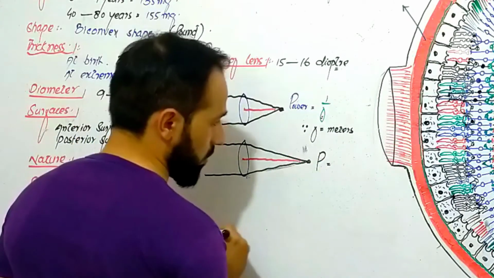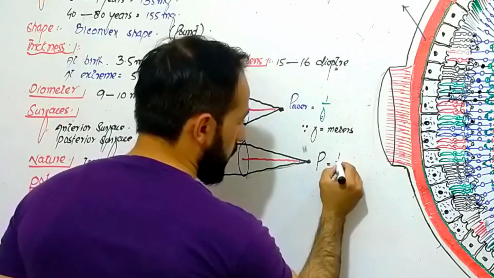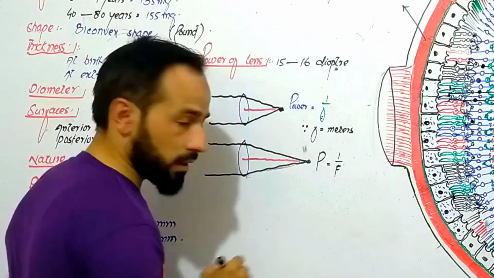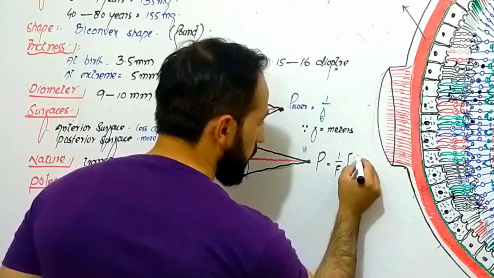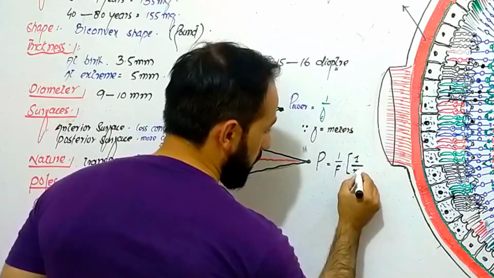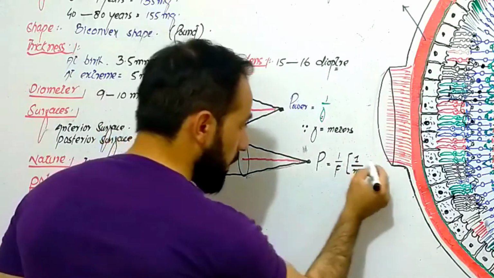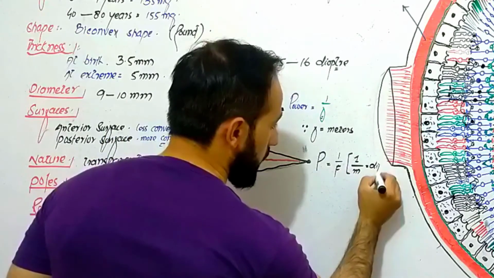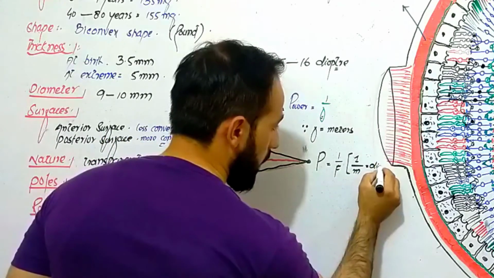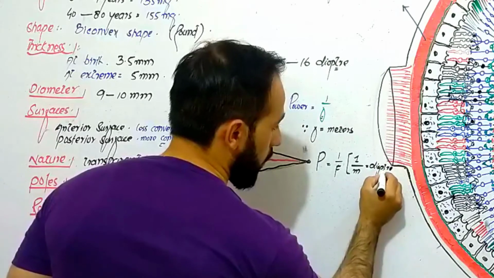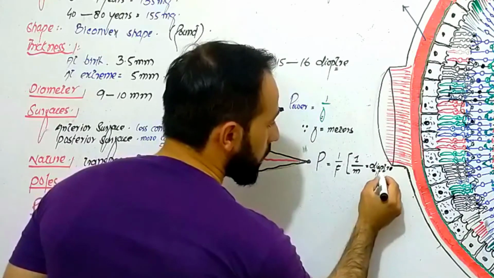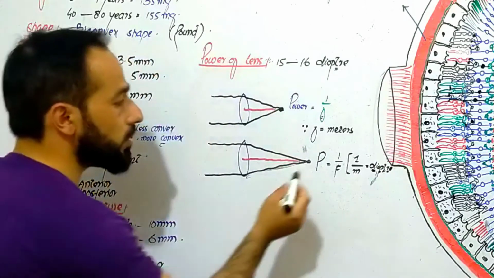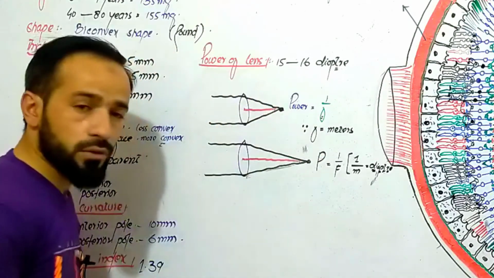Power is equal to 1 divided by F, the focal length. It means that it is equal to 1 divided by meter, which is equal to diopter. So diopter is the unit for the power of your lens.